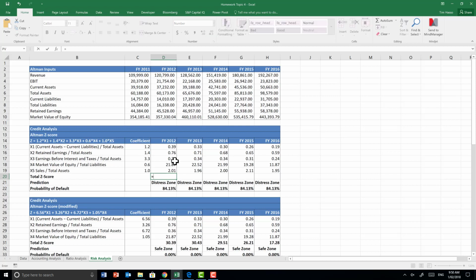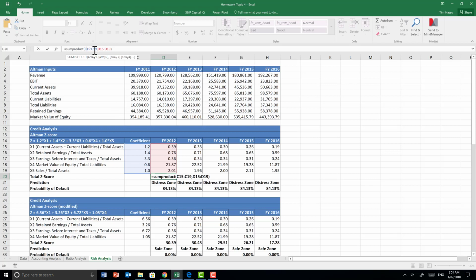Or you can use something in Excel that's called the SUMPRODUCT function. The SUMPRODUCT function allows you to multiply two arrays very, very quickly by highlighting the first column that you want to multiply against the second column. And again, close the bracket, and because we're going to be dragging it to the right, we want to make sure that the coefficient column is locked, which means the C15 to C19 part of this formula.